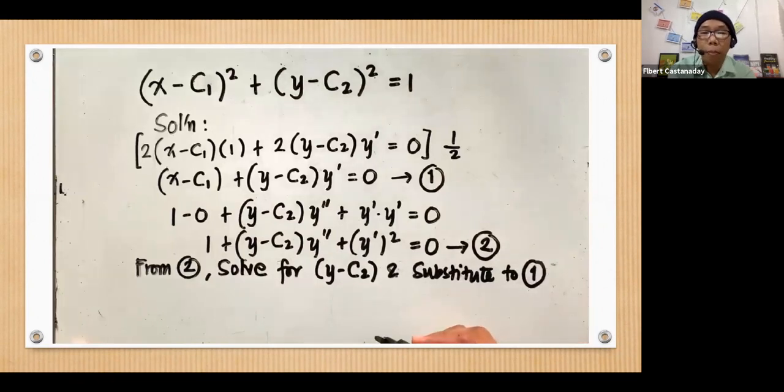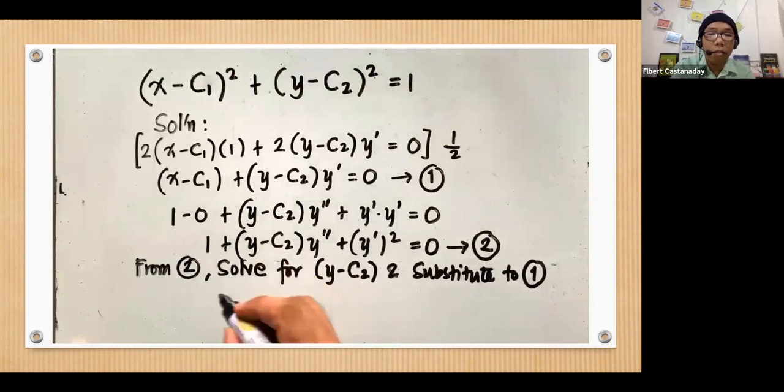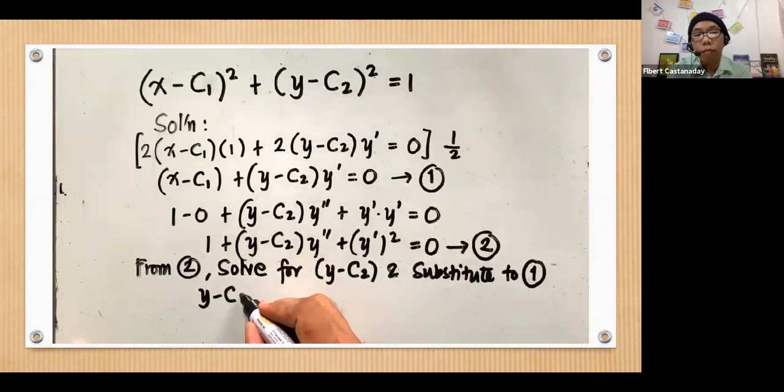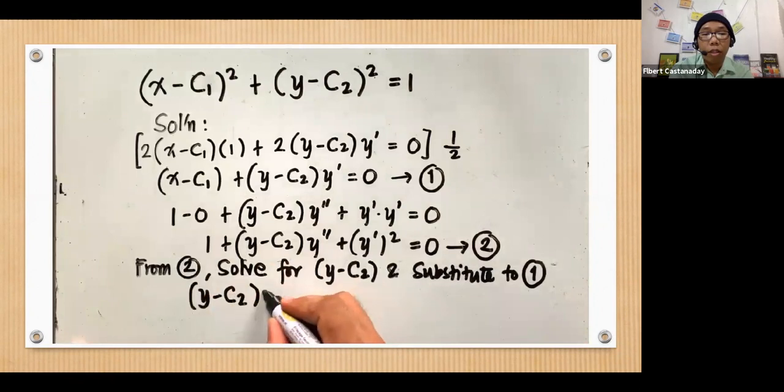So we write first y minus c sub 2 from equation 2 times y double prime.